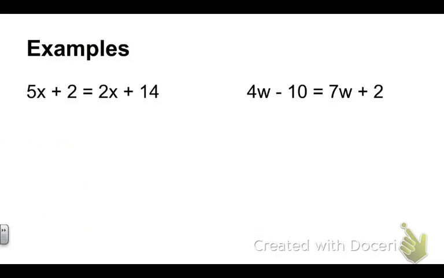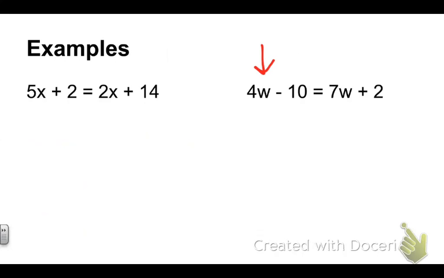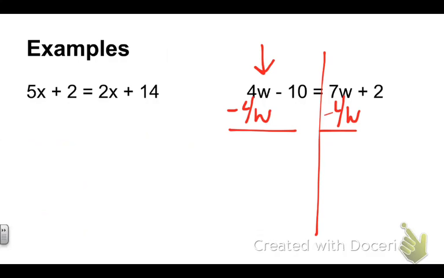So if you look at the second example, which one is smaller, your 4W or your 7W? Your 4W. Okay, your 4W is smaller, so get rid of your 4W first. These are going to cancel out and leave you with, careful, a negative 10 is equal to 3W.